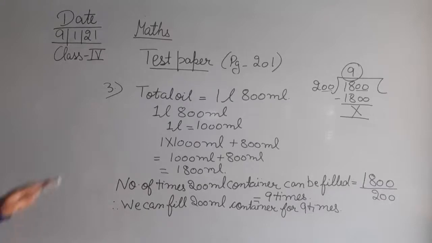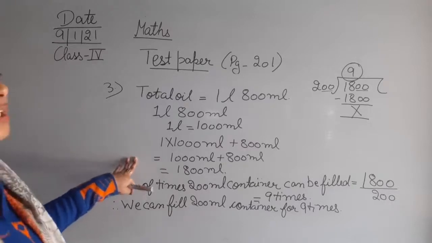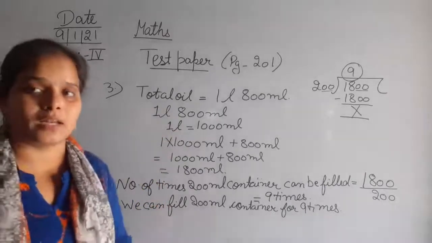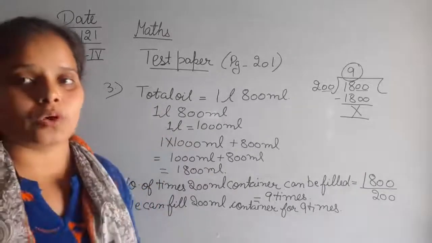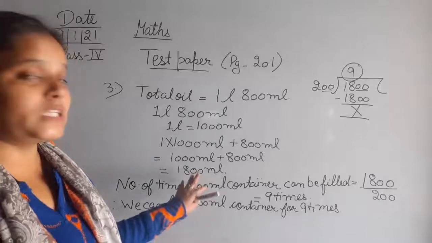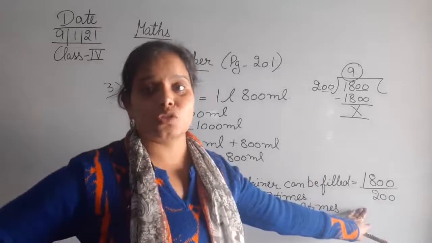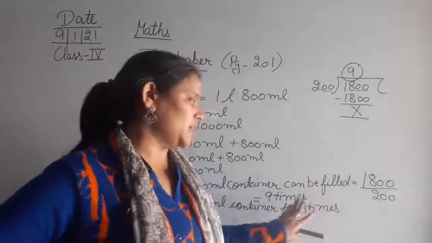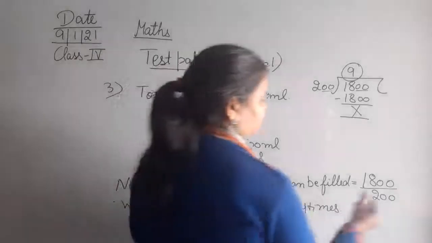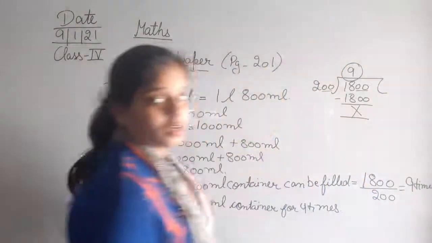So the total oil was given, but first of all we have done the conversion. After conversion we got the answer, that is 1800 ml. Our container was in ml, not in liters, so whatever oil was given, we have converted into ml, and after converting into ml we got 1800 ml. After dividing 1800 ml by the quantity of the container, that is 200, we got the answer 9. This is the 9 times. I just write here, is equal to 9 times.